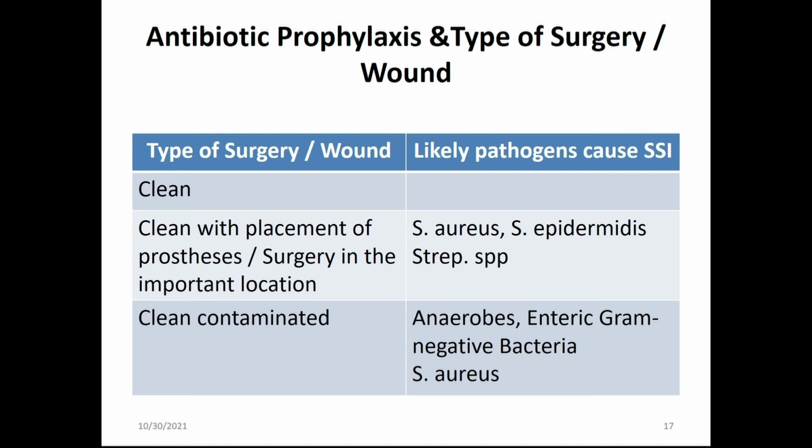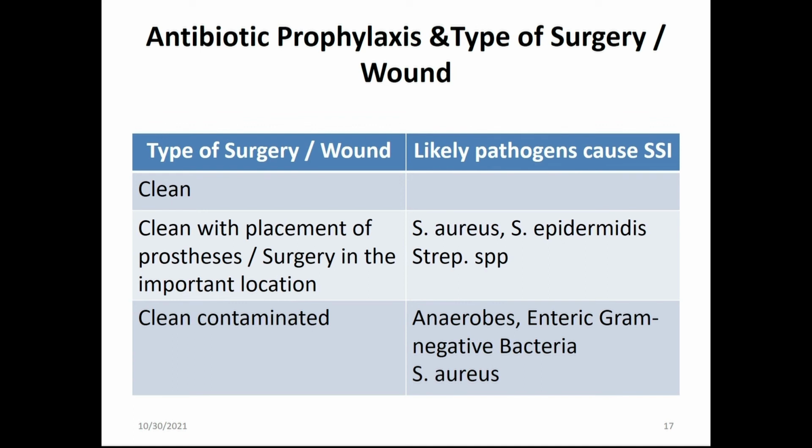Depending on the type of wound, we have to think about antibiotic prophylaxis also. Of course, we all know that for clean surgery we don't give antibiotic prophylaxis, but there are indications in clean surgery as well, like when you are going to put in a prosthesis or operate on some important organ like in neurosurgery, they do consider antibiotic prophylaxis, provided we know the likely pathogens like Staph aureus, Staph epidermidis, and some Streptococcus species which cause infection in clean surgeries.